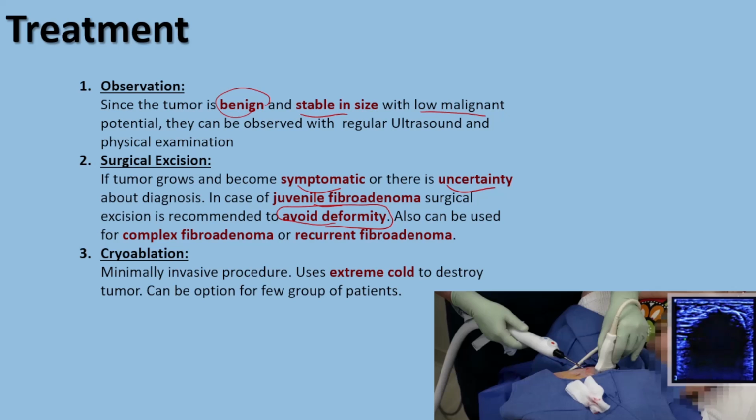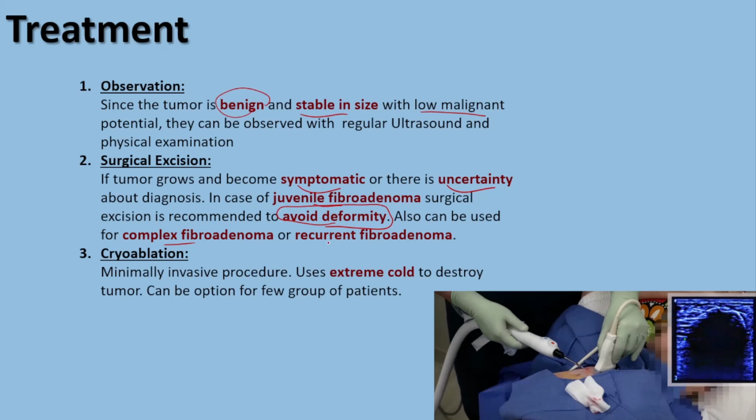Note that this form, juvenile fibroadenoma, is bigger in size and can cause breast deformity and breast asymmetry. In case of complex fibroadenoma, because we have potential for malignant conversion, surgical excision is recommended to the patients.